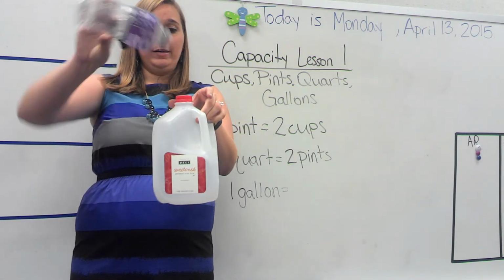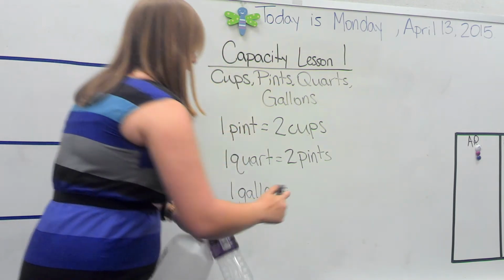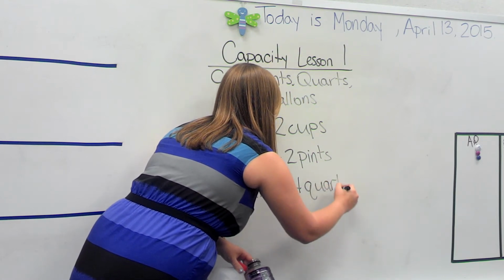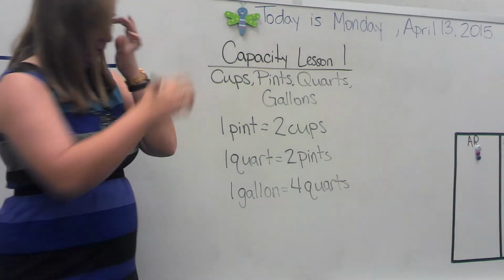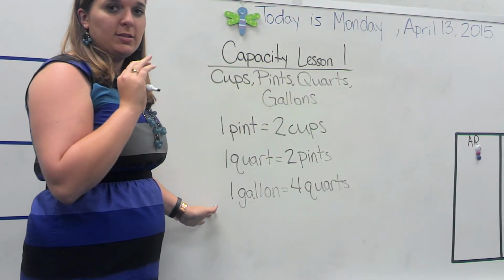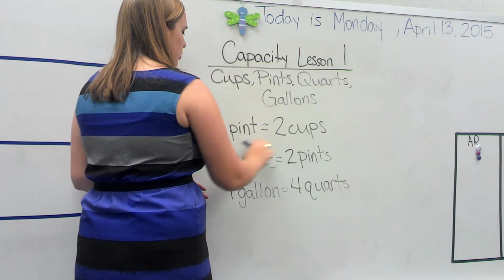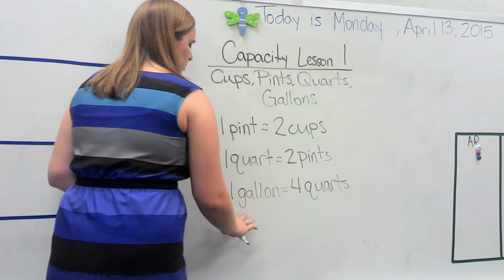So if I poured it 1, 2, 3, 4 times, I would reach the capacity of my gallon, okay? Equal to 4 quarts. All right, and like I said, we'll practice more of that tomorrow with our activity in class. I just wanted to go ahead and introduce this to you, okay? Cups are smallest, so we can go to pints and say that there's 2 cups in a pint, then 2 pints in a quart, and 4 quarts in a gallon.